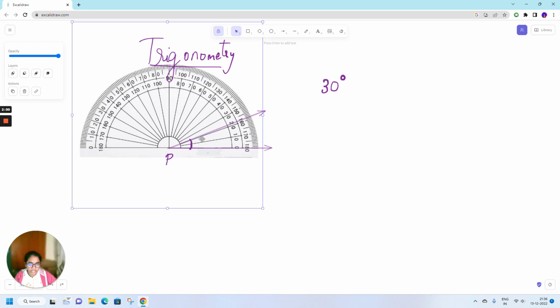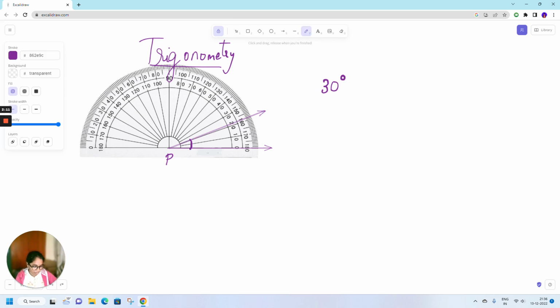This 20 degree, 30 degree, 40 degree, we call an angle. If I write sine theta, this theta represents the angle.